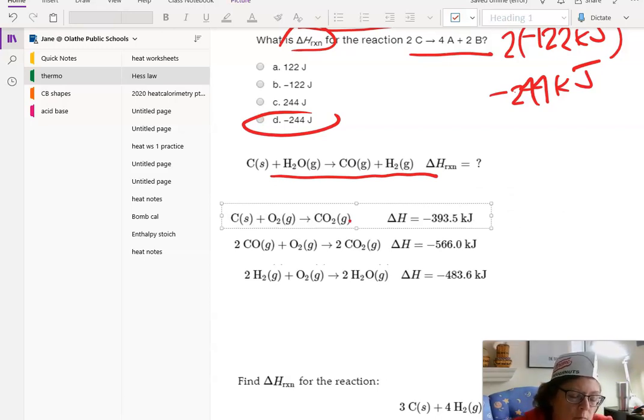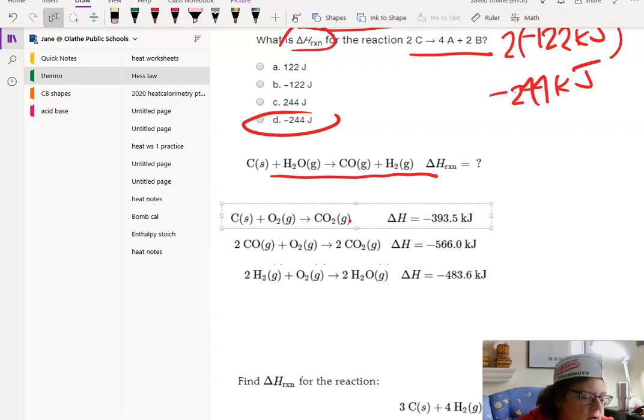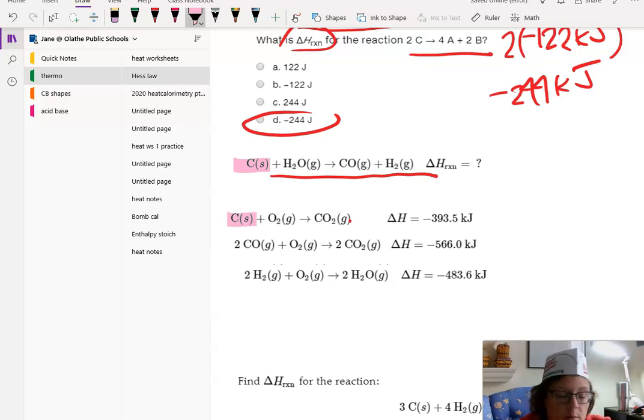Okay, so what we have to do is figure out where all these pieces are. Carbon is right there. It's on the reactant side in both the complex reaction and the simpler ones.